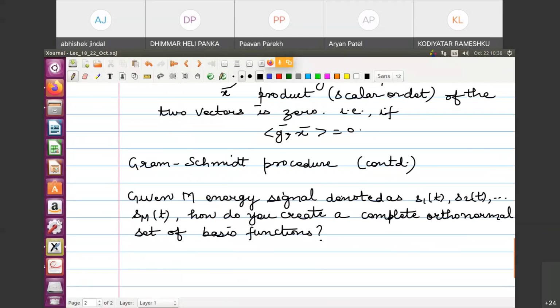Now, what is the meaning of the word complete? Complete means that through this orthonormal set, you must be able to write each of the m functions. Let us say this m is 4, and this orthonormal set has two functions. So in terms of those two functions, you must be able to write all these four functions. That is the purpose of saying complete.